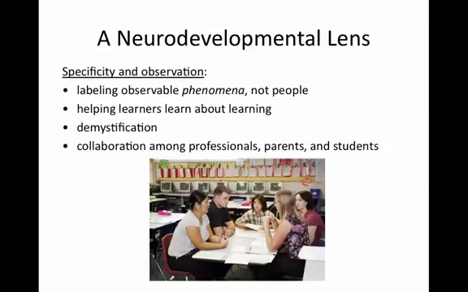Whereas without collaboration, it can even happen that the ideas and suggestions among professionals, parents, and sometimes students, but mostly professionals and parents, can conflict. And in those cases, that can make things actually more difficult for a student when there are multiple adults making an effort to support a student, but those efforts are not aligned.